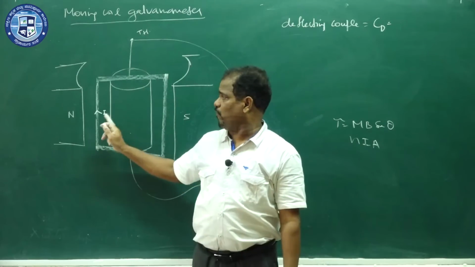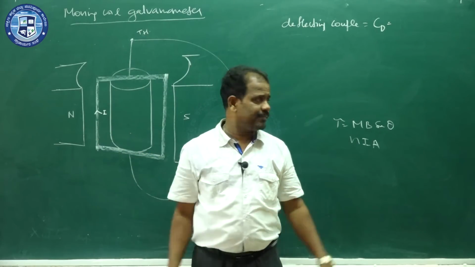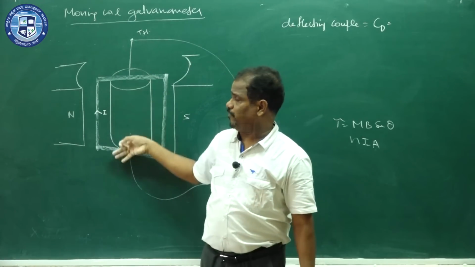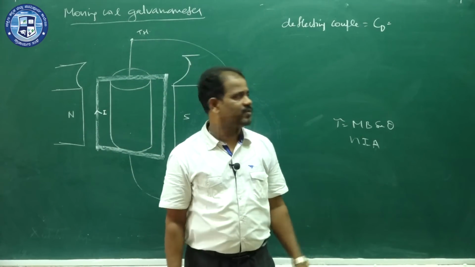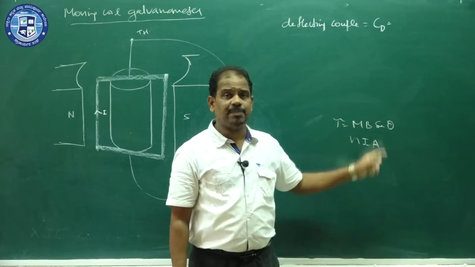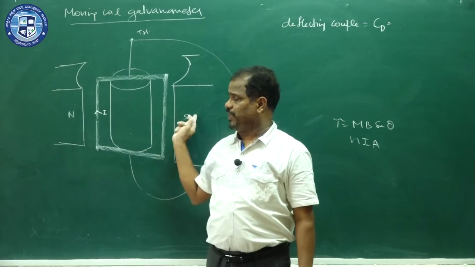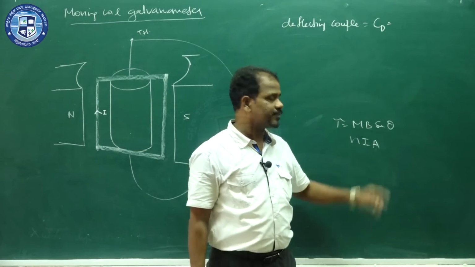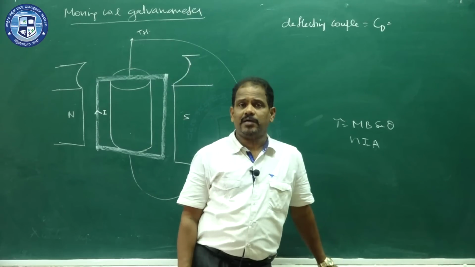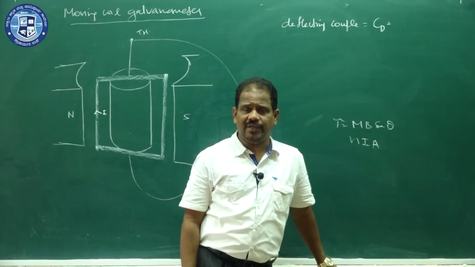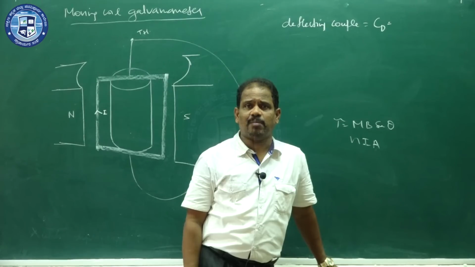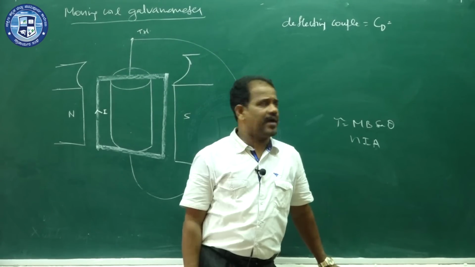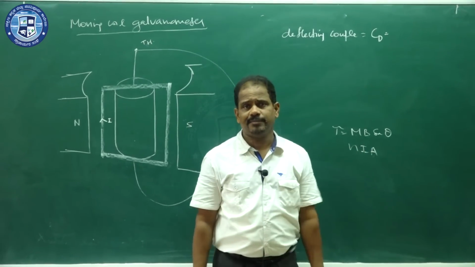I is the current passing in the coil. A is the area of the coil. So that is M. What is B? The magnetic field between the two pole pieces. Theta is the angle between the magnetic field and the normal to the coil, or the angle between M and B.